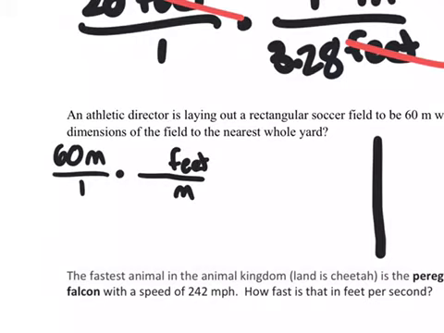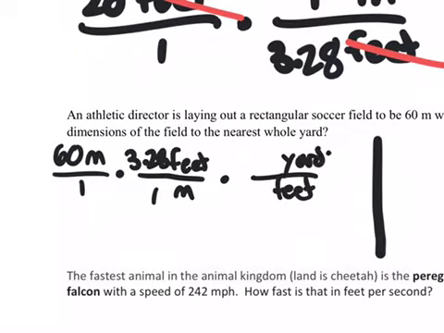All right, and this conversion factor from the other side, 1 meter is 3.28 feet. All right, and then I can do feet and yards, to where 1 yard is 3 feet. This works. Meters cancel out, feet cancel out, leaving us our answers in yards.